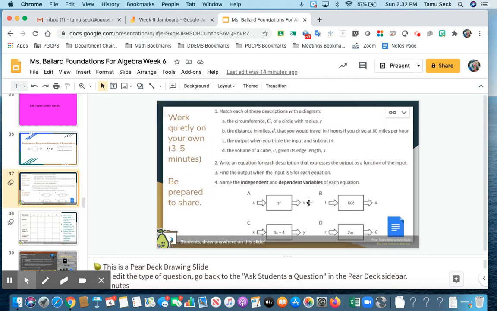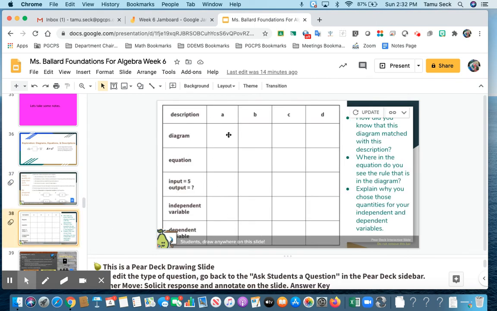So you can take a screenshot of the diagram on slide 37 and then paste that screenshot of the diagram here. And then write the equation. And then when the input is 5, what is the output? For example, for letter D, it's V is equal to S cubed.